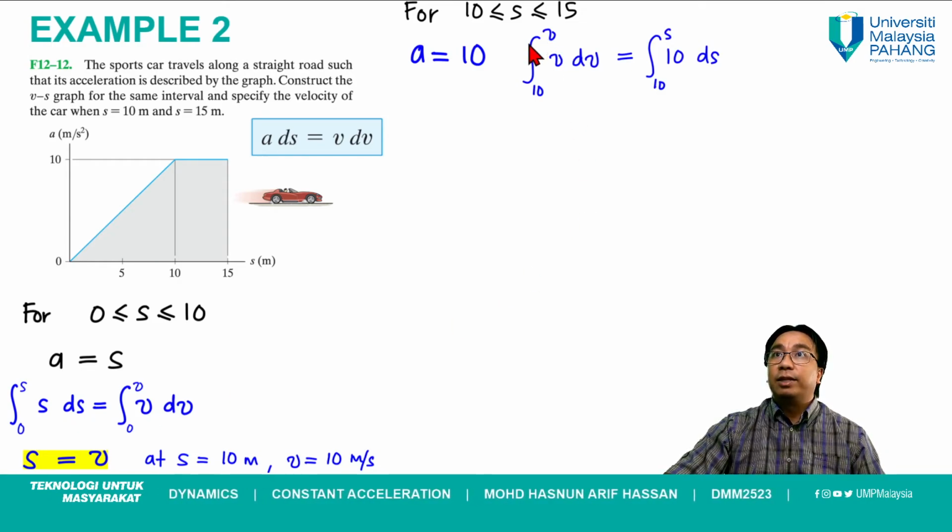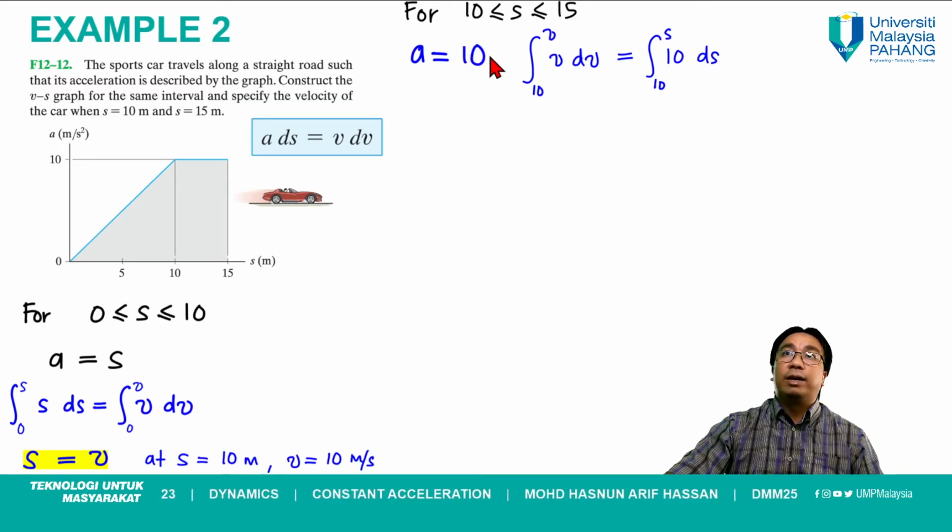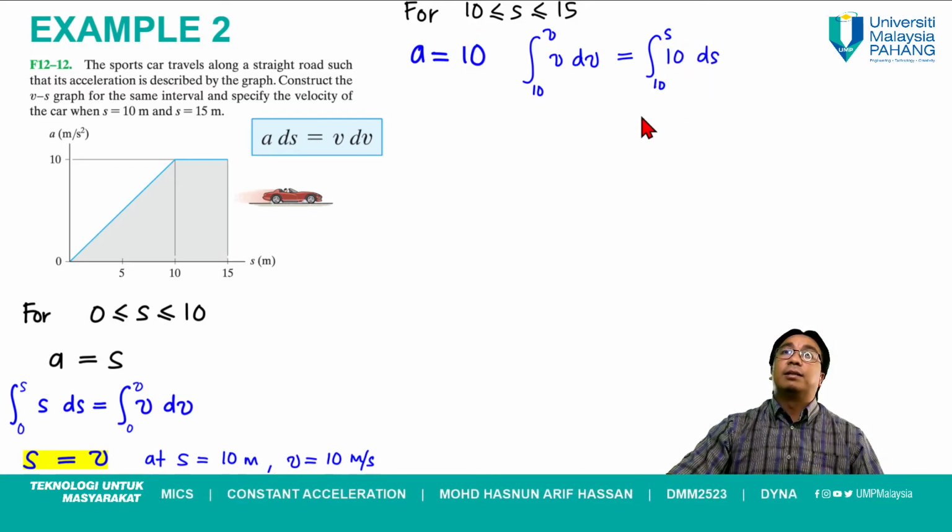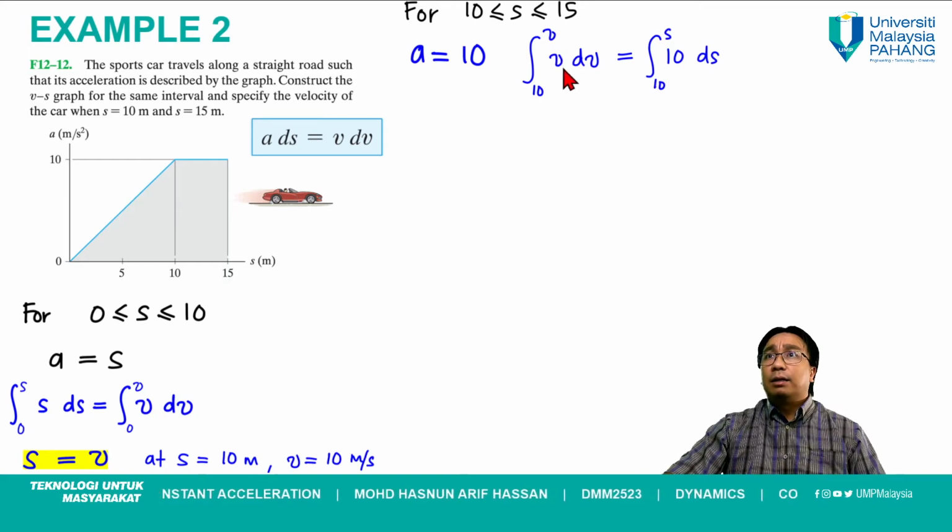Okay, then kita repeat again the same process. Now we have integration of V dV equals to integration of 10 ds. 10 ni datang dari mana? Datang daripada sinilah. Kita dah substitute A ni sama dengan 10. Sepatutnya integrate of A ds, tapi kita dah tahu value A is equal to 10, so kita put in here 10. V here is the lower limit when S is equal to 10.